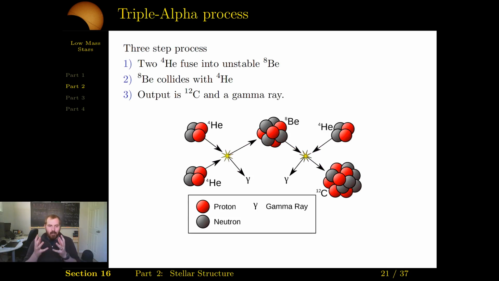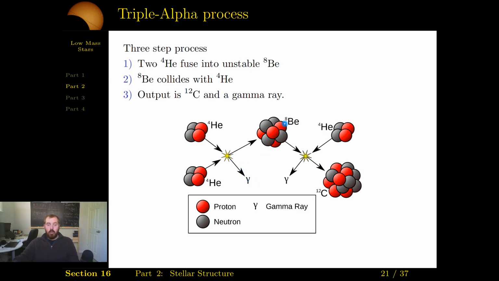So, let's wrap this part up by actually discussing the triple alpha process. All right, what we're going to have is helium-4 atoms, 2 helium-4s. Remember, we've got a core that's now just flooded with helium atoms flying around. And the temperature is high enough, the speeds of these particles are high enough, they'll eventually smack together. And when that happens, these 2 helium atoms will fuse. They'll give off a little bit of energy as a gamma ray. All right, that's more energy to radiate away from the star.